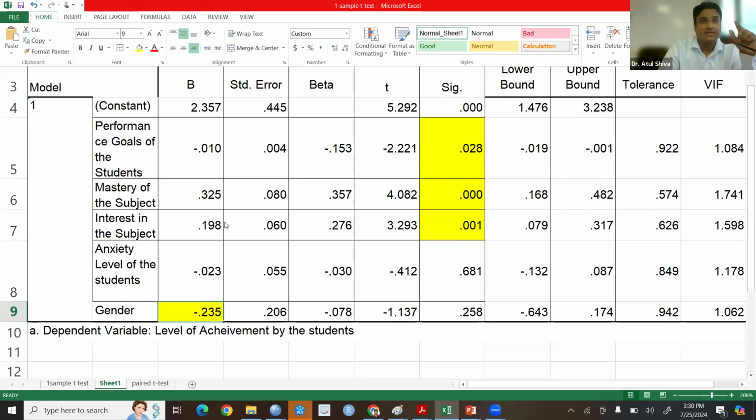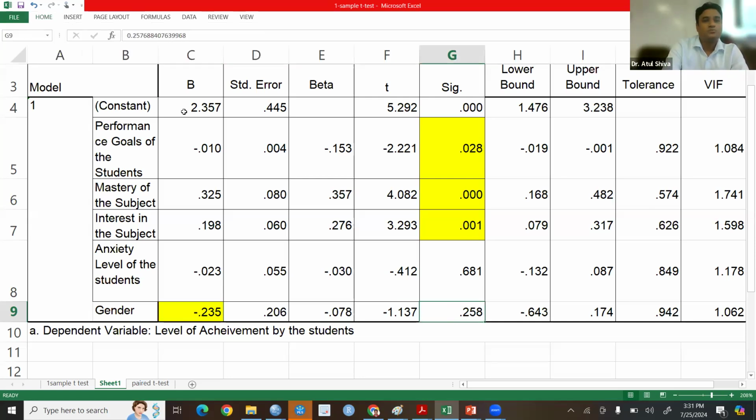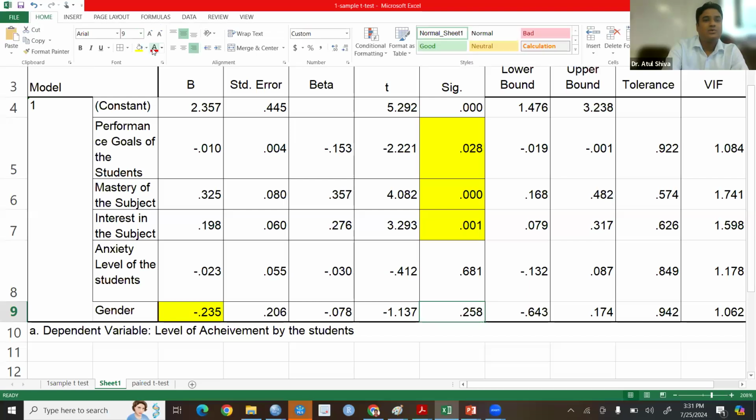So the minus beta is towards males, and males are gaining more CGPA in comparison to females. If beta was positive, that means the females' CGPA score is higher. So for binary data, we only compare with the sign. But is there any significant difference? The answer is no.